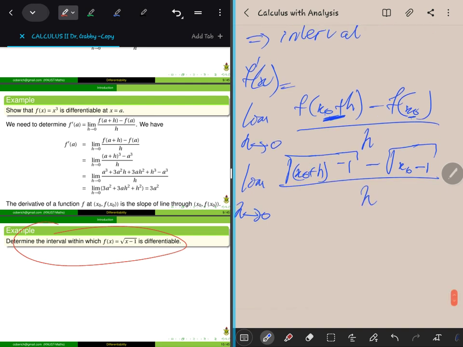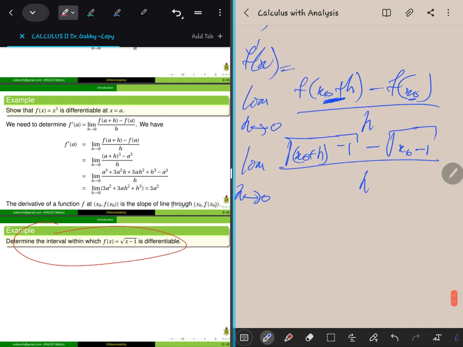Looking at this one, we can't do anything to it, aside from the fact that when we rationalize it, we can cancel the h out, take out all the h, so that we get what we are looking for, right? So now we are rationalizing. Rationalizing means that we multiply the numerator and the denominator by the opposite of this whole thing here.